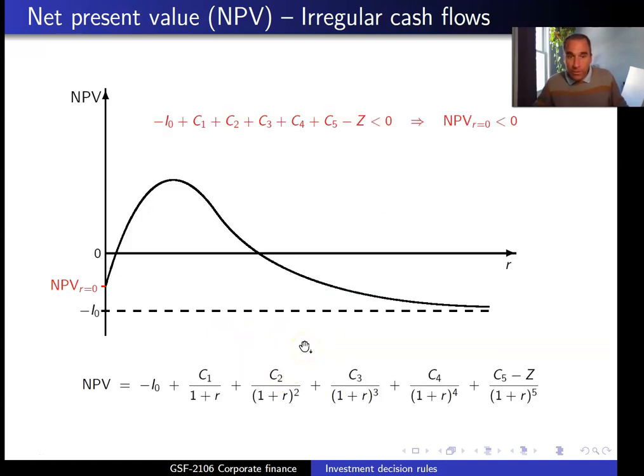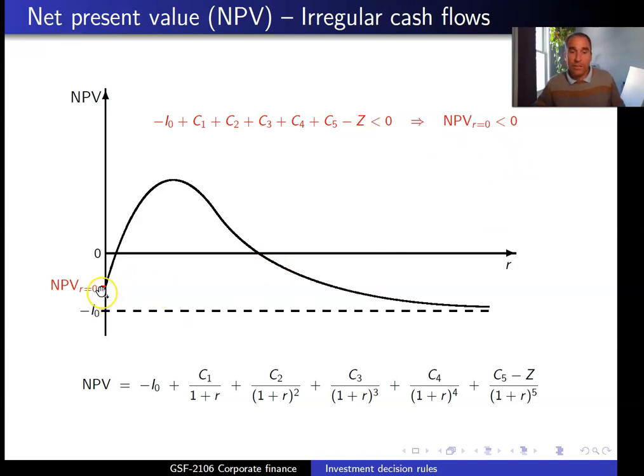So the graph of the net present value of a project with irregular cash flows will most often look like this. If Z is sufficiently large that the net present value at time 0 is negative, the graph will look like this.